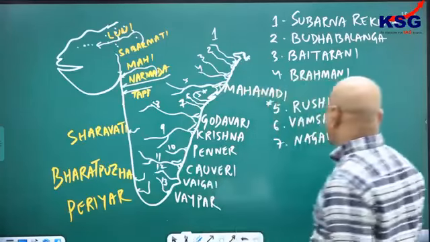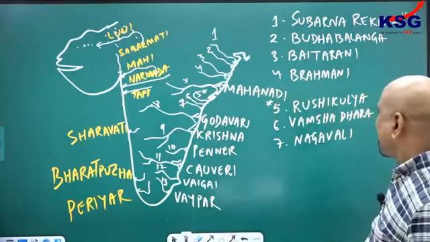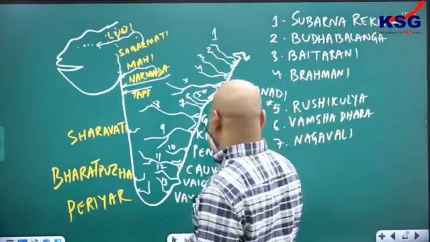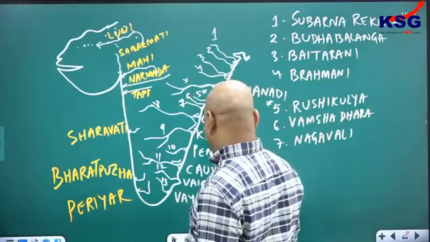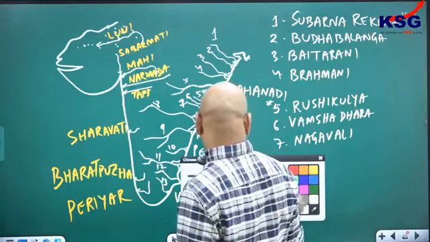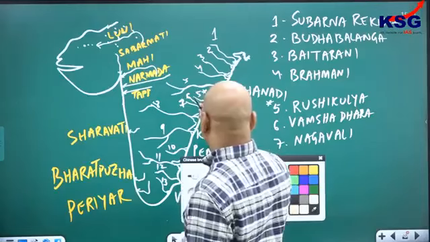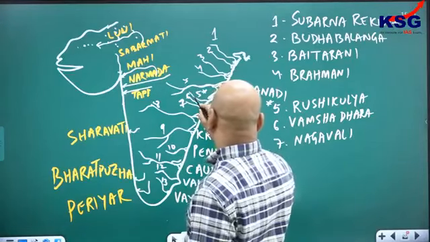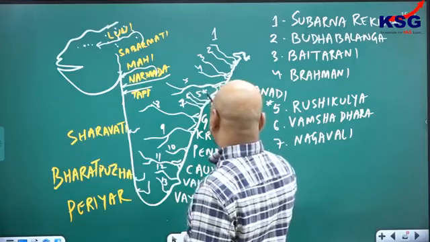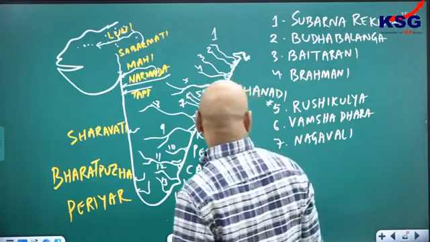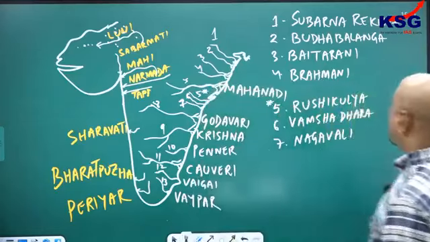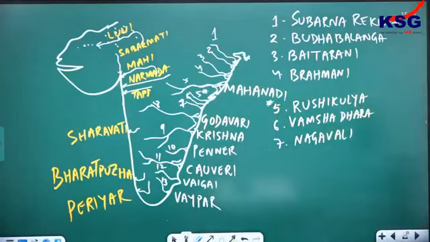Okay, river 5 is Mahanadi, river 5 star is Rushikulya.